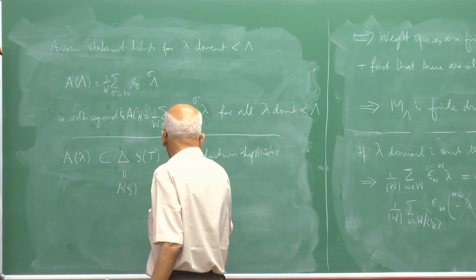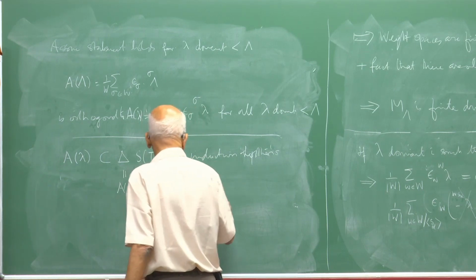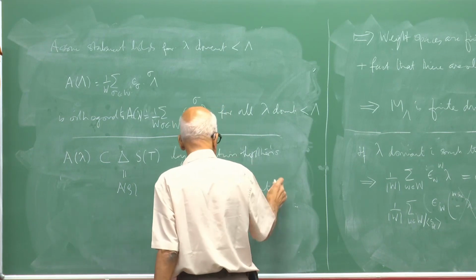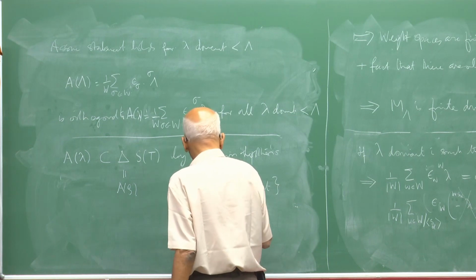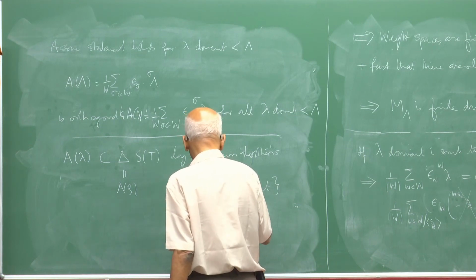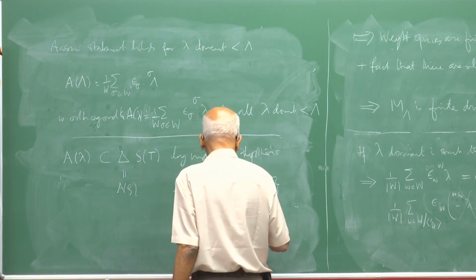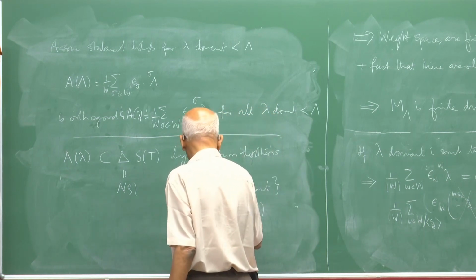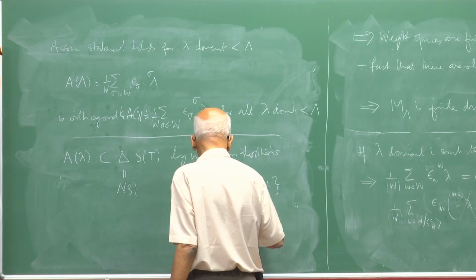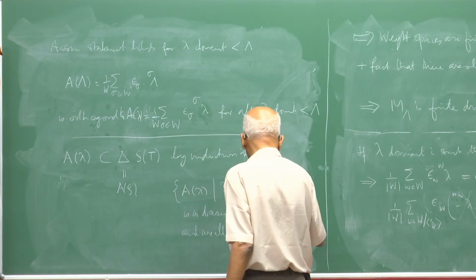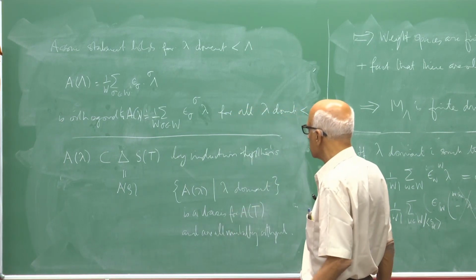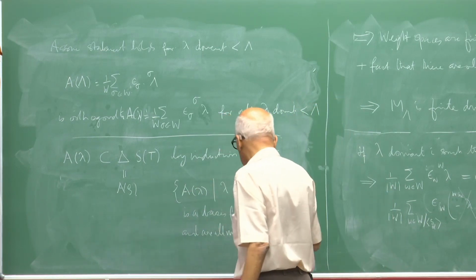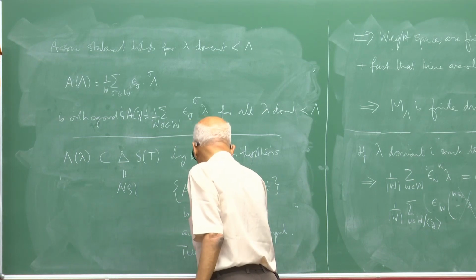Notice that the A lambda, as lambda varies over dominant lambda, this collection is a basis for A t and they are all mutually orthogonal, and the whole of their span is therefore A t.